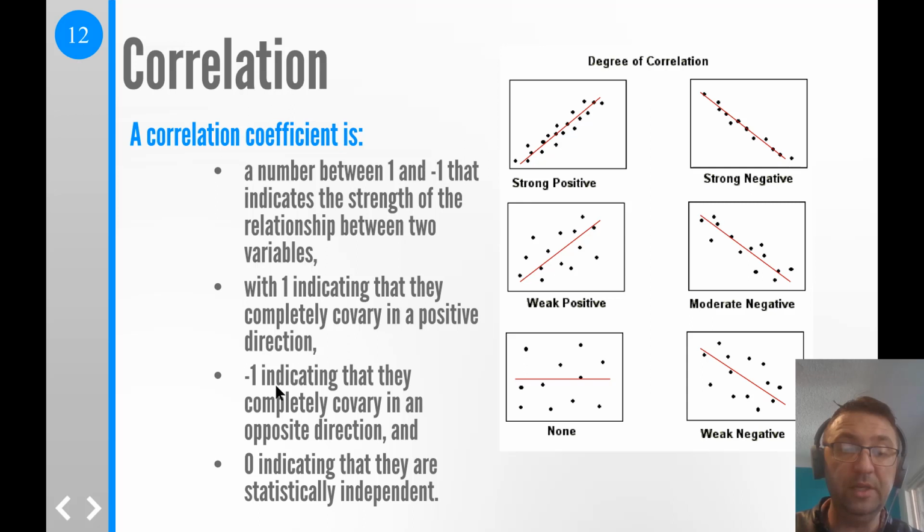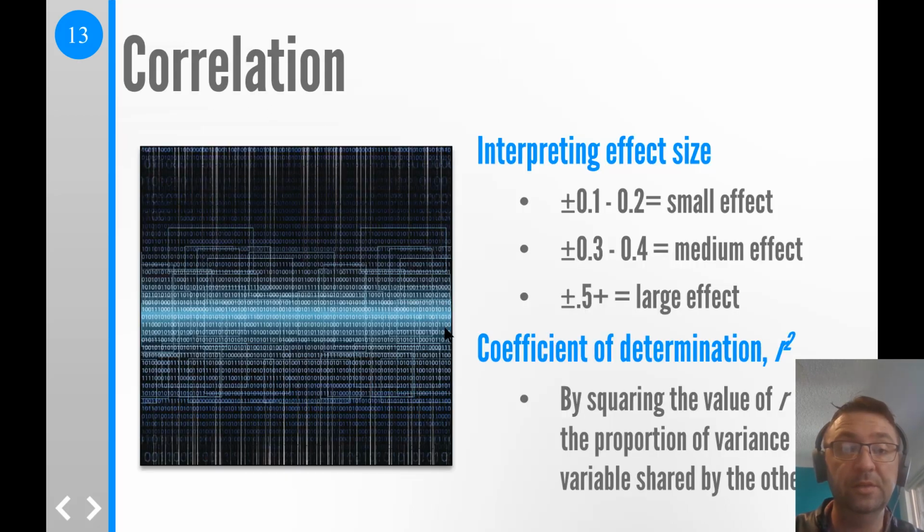And -1 indicates that they completely covary in the opposite direction, so an example is something like this. And 0 indicates they're statistically independent. So this is going to be a 0, this is going to be close to 1, and this is going to be close to -1.